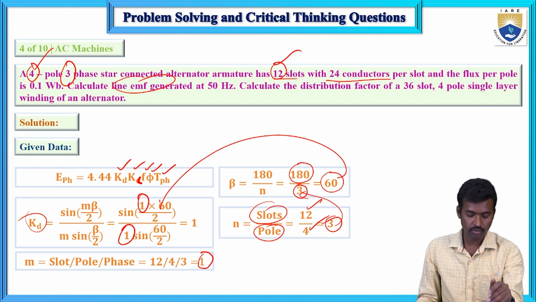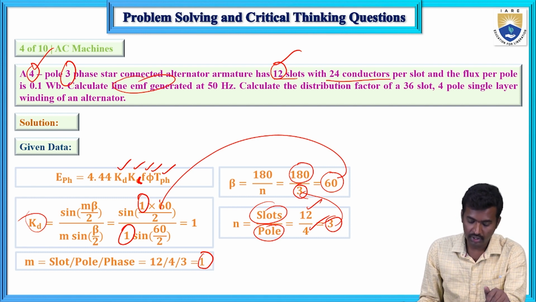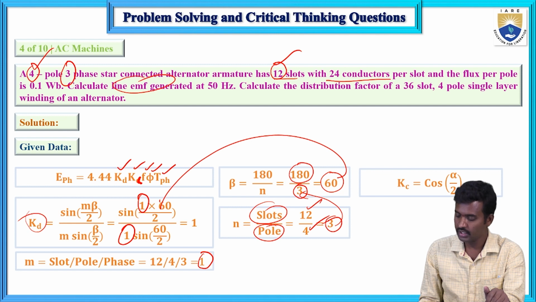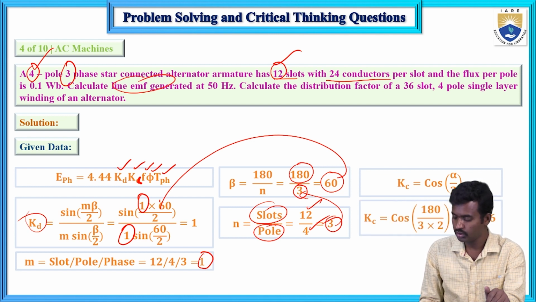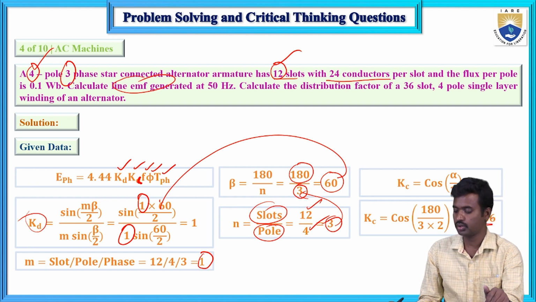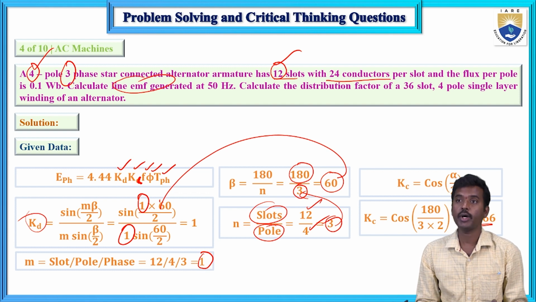After getting KD, next the KC value. KC equals cos alpha by 2, where alpha equals 180 by n, the same value. So 180 by 3, divided by 2, equals cos 30, which equals 0.866.